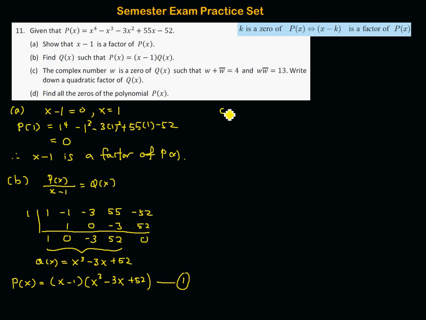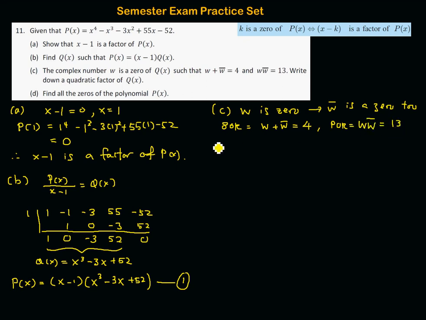Now, the complex number w is a 0 of q(x). So if w is 0, because it's a complex number, that means the conjugate is 0 too. And so the sum of roots, which is given as 4, and the product of roots, which is given as 13.